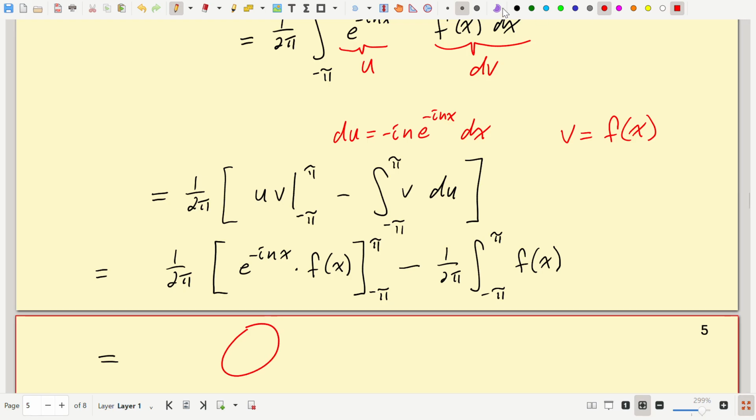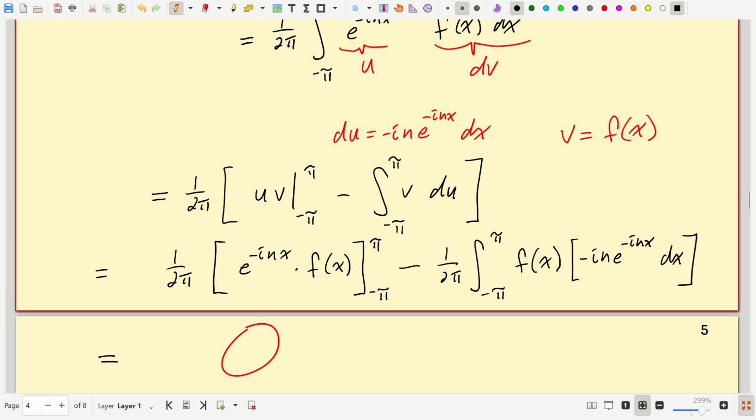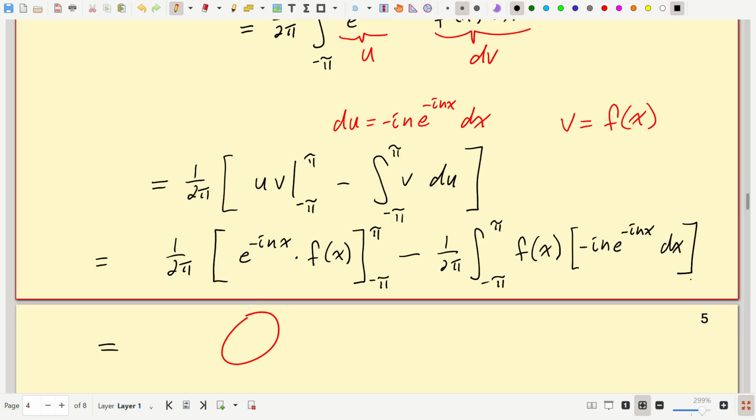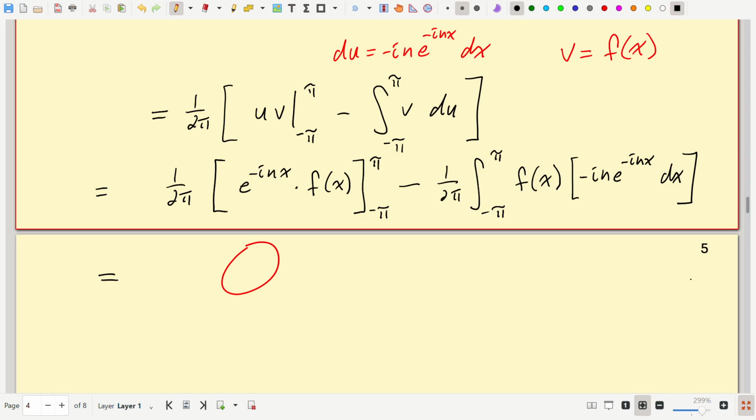And this one here, the du, that's where I've got to put minus i n e to the minus i n x dx. That's the du. And so this big fat 0 is because that function is 2 pi periodic, all of them.